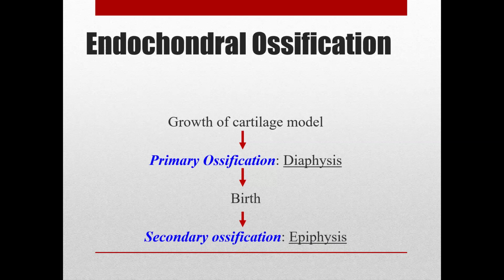Primary means before birth. We look at the chart there. Secondary means after birth. Common sense. So primary growth is going to give us the shaft of the bone, the diaphysis, the middle of the bone. Secondary after birth is going to be where we develop the edges of the bone and the joints.